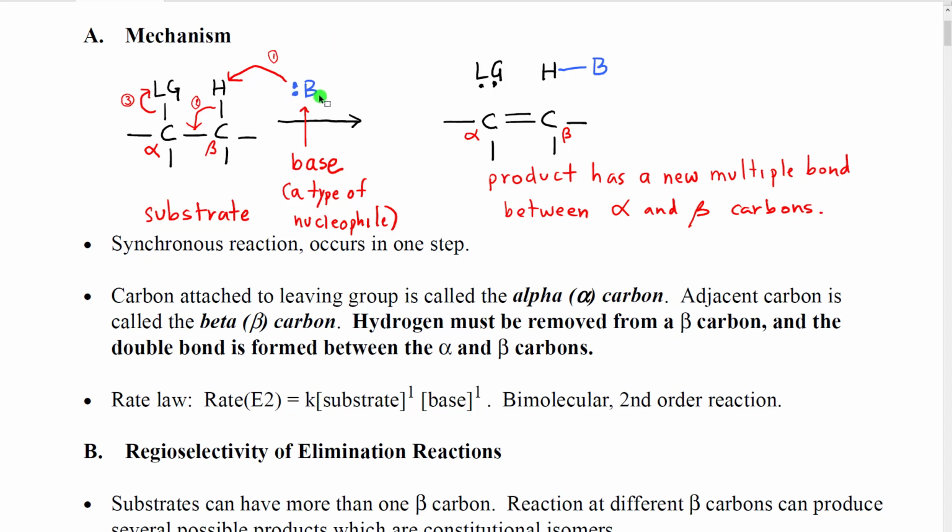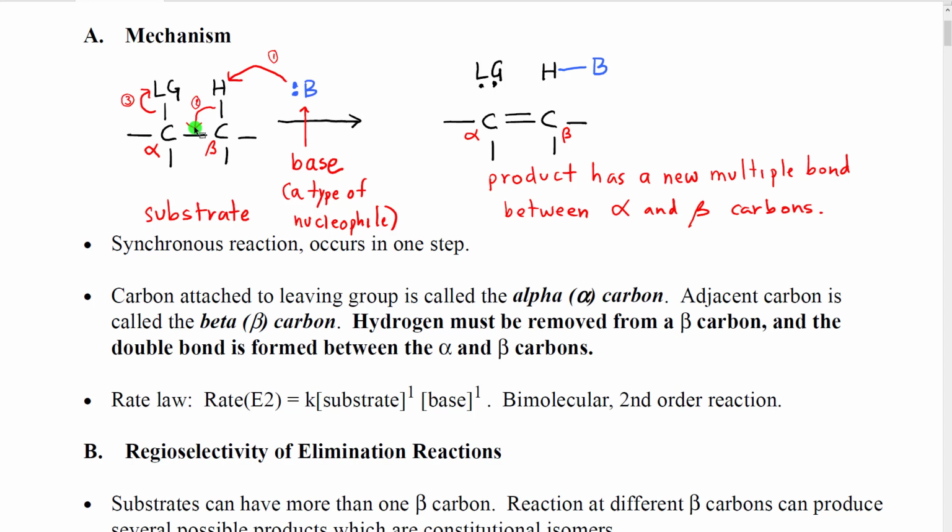So in the mechanism, the base starts by grabbing the beta hydrogen. Now the beta hydrogen is going to have to let go of the pair of electrons that's in the carbon to hydrogen bond. Those electrons, in theory, could flow down onto the carbon, but instead they flow toward the leaving group, and they form a second bond between the alpha and beta carbon.